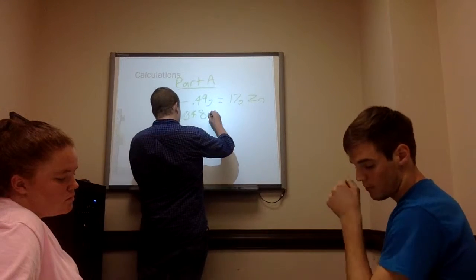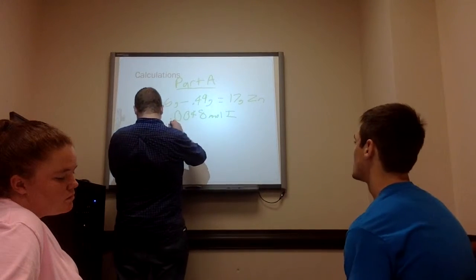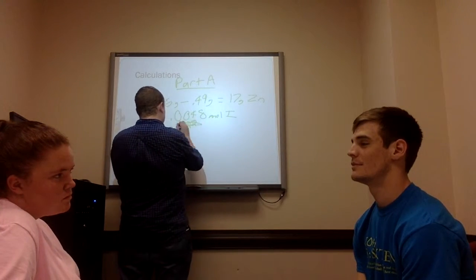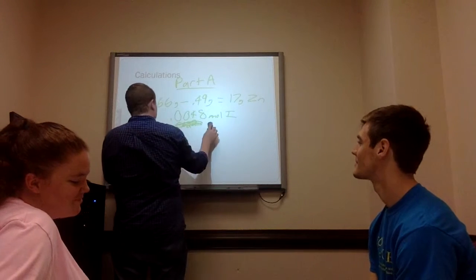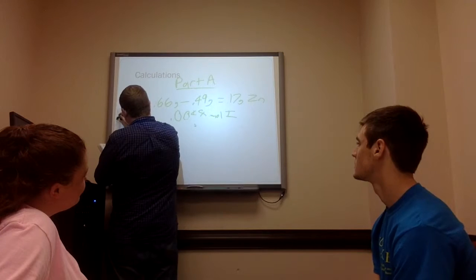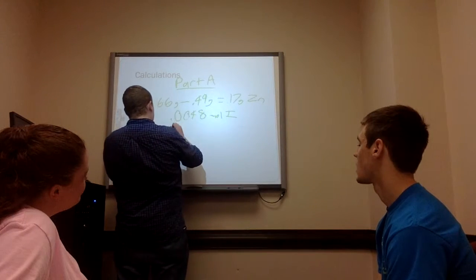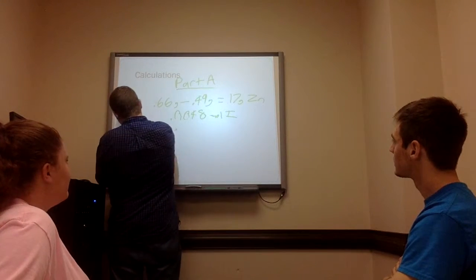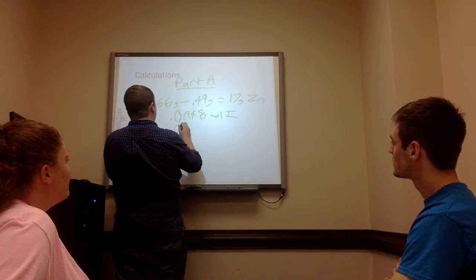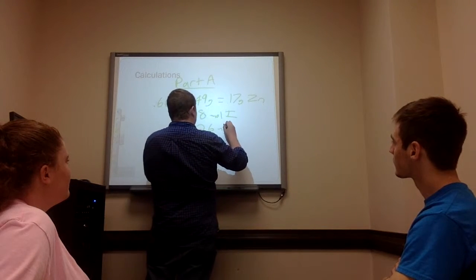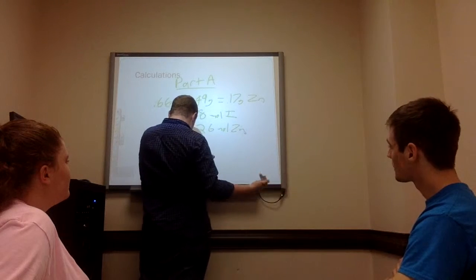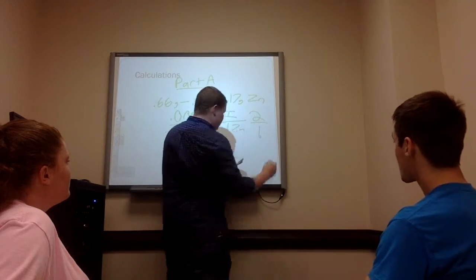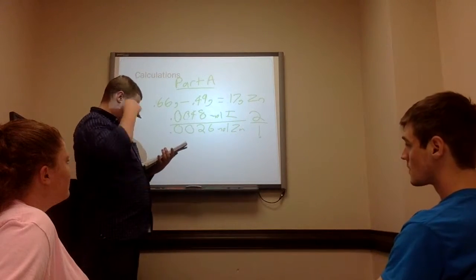0.0048 moles of I. You have 0.0026 moles of zinc, and you divide those numbers, which gives you a molar ratio, which we talked about earlier, of 2 to 1, right?